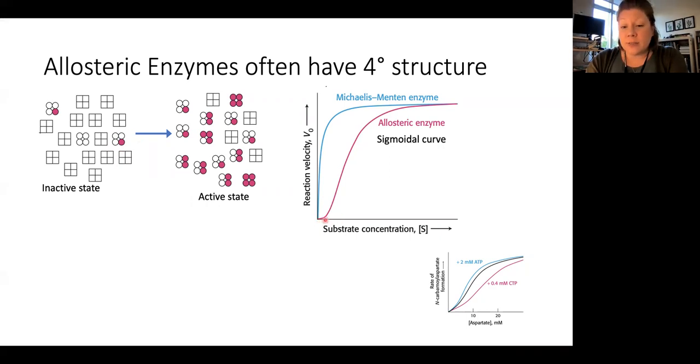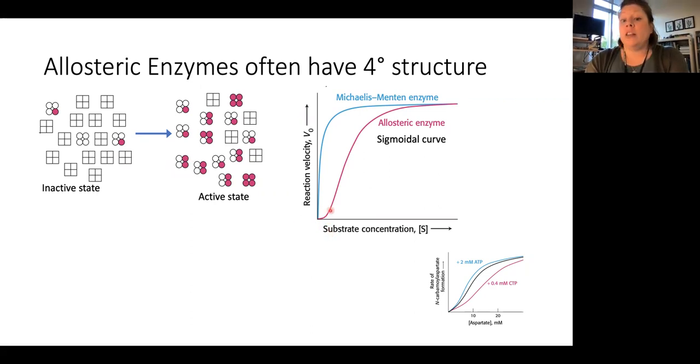So increasing amounts of substrate are going to tend to push these inactive forms into an active form, but there is a little bit of a delay, and at a low substrate concentration, there's not going to be much of a driving factor to convert these enzymes to the active form.